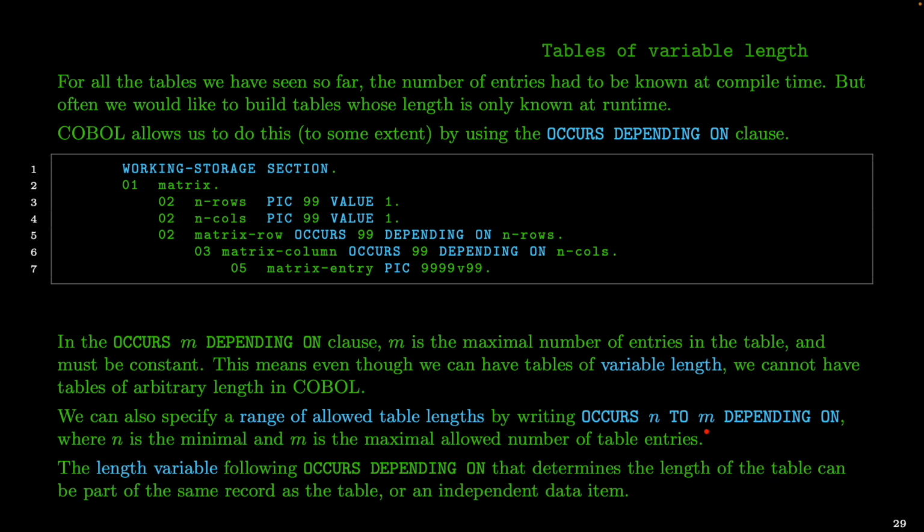And these clauses depend on certain variables that we write here at the end. These length variables can be contained in the same record, as is the case in the example, but they could also be independent data items that we would declare outside of our matrix structure somewhere else in the program.